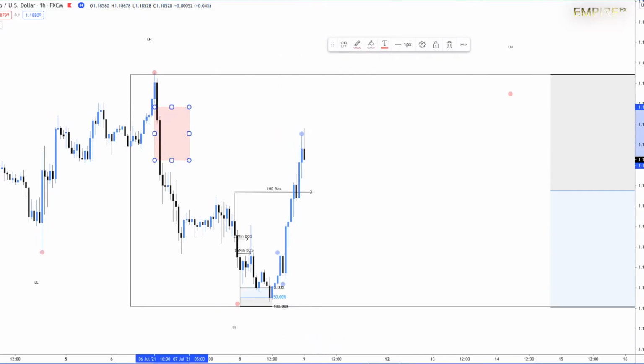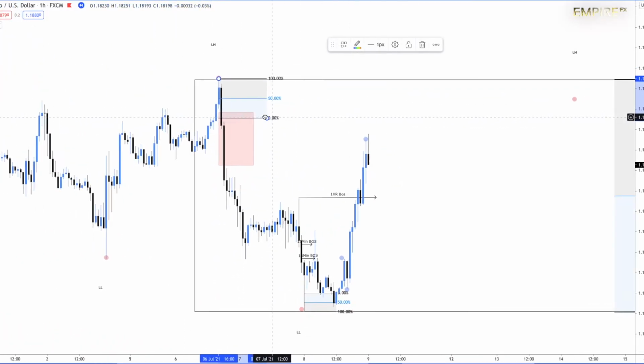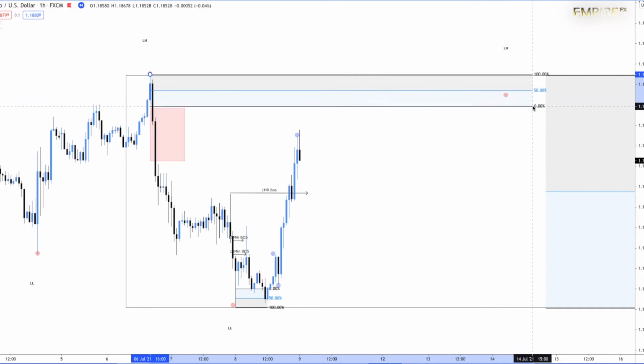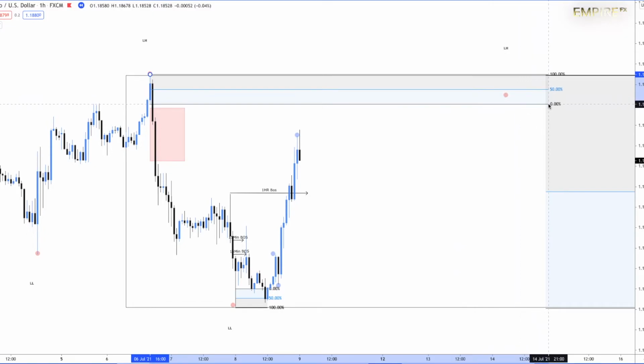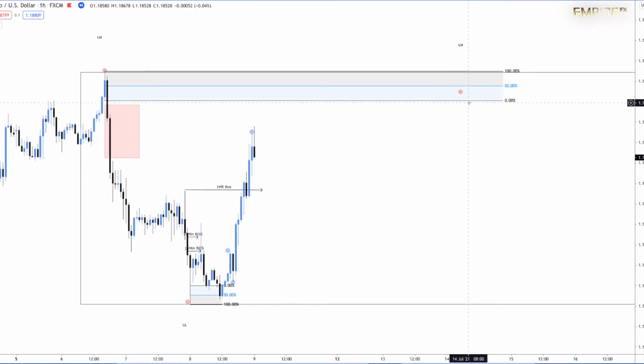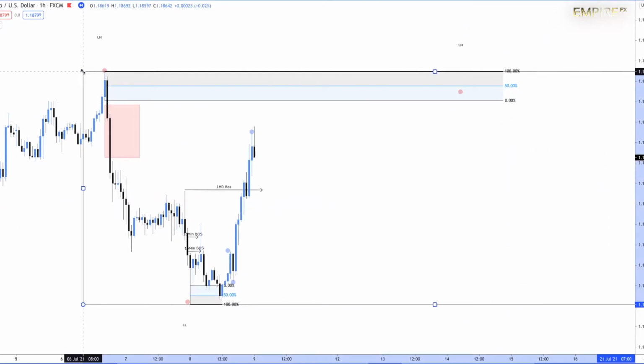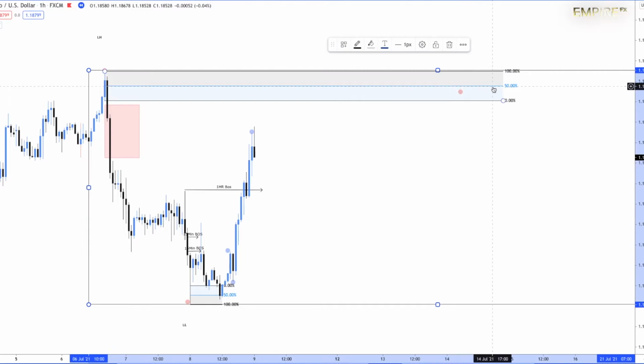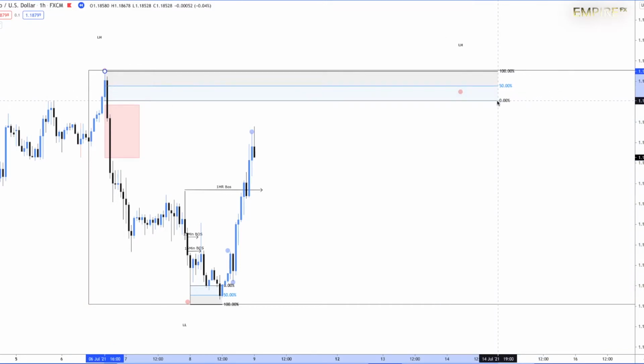So let's draw on our 1 hour order block. I'll delete this one, as we know. So clean this up a little bit. Your 1 hour order block up here.